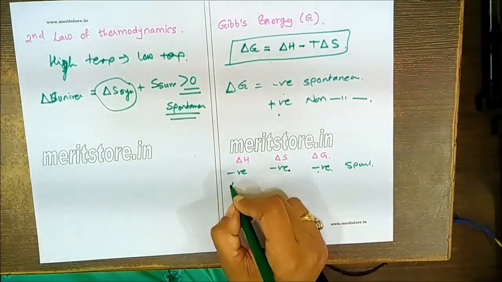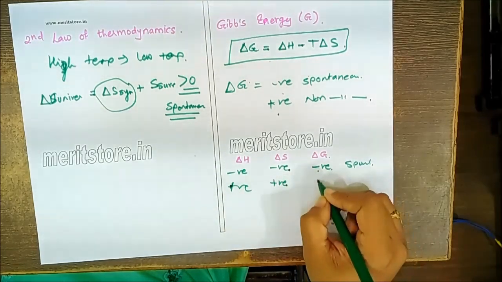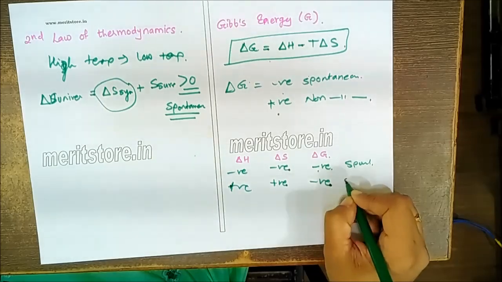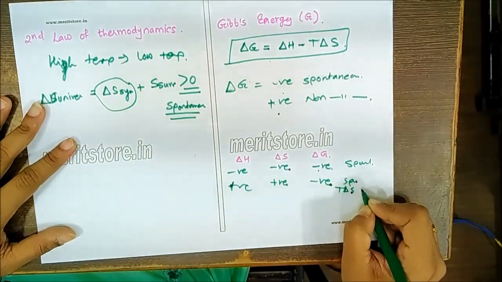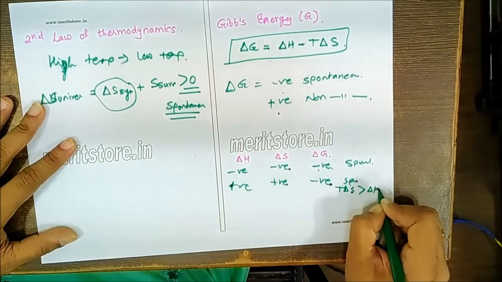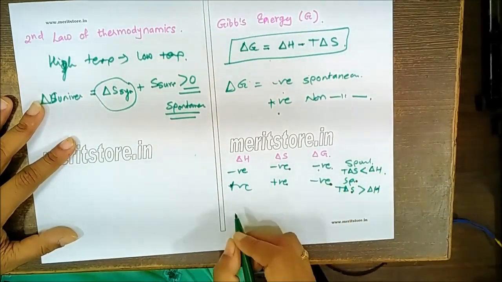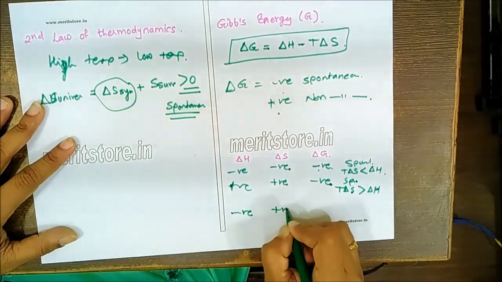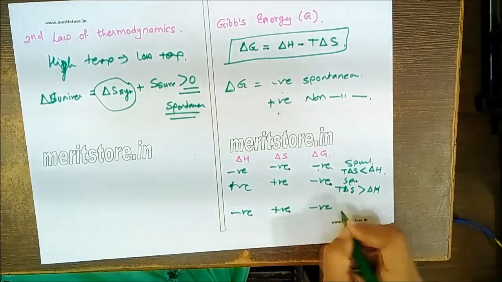Then if delta H and delta S both are positive, then delta G will be negative only, and this reaction will again be spontaneous, provided T delta S has to be greater than delta H, while in the previous case T delta S has to be less than delta H. Let's say if delta H is negative and delta S is positive, then the delta G value will always be negative.